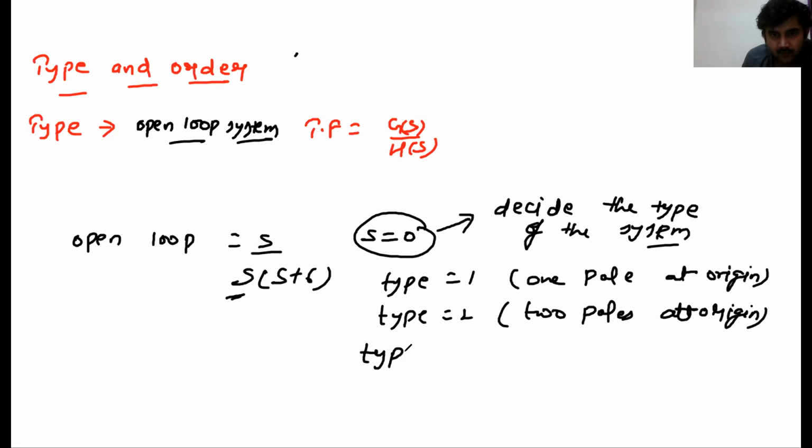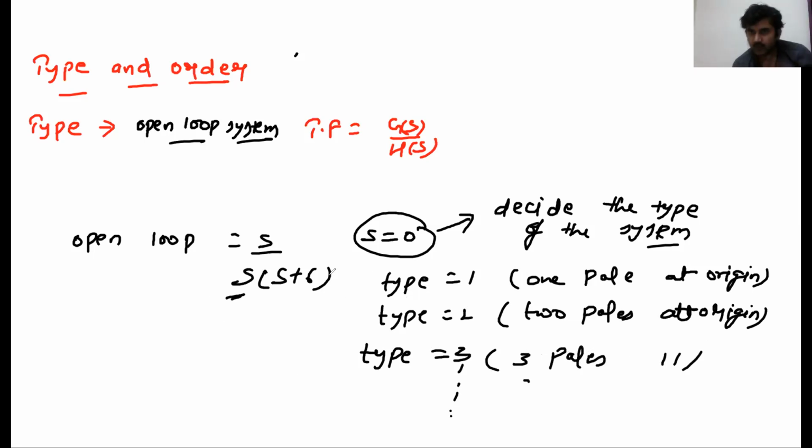Type is 3 if three poles at origin, and it goes on. So you have to find the poles at the origin, and it will decide the type of the open loop system. If the number of poles at origin is 5, the type is 5. Okay. Now let's move on to the order.